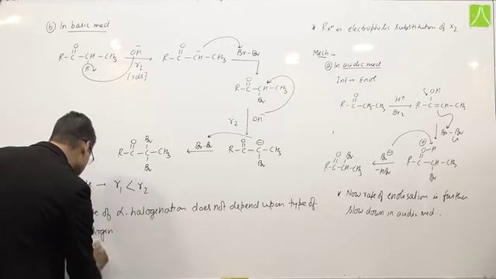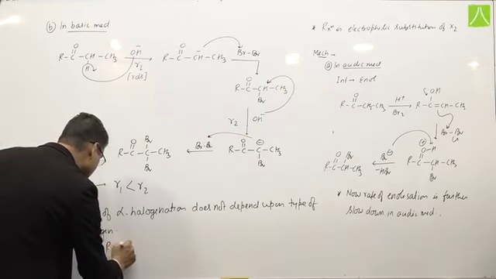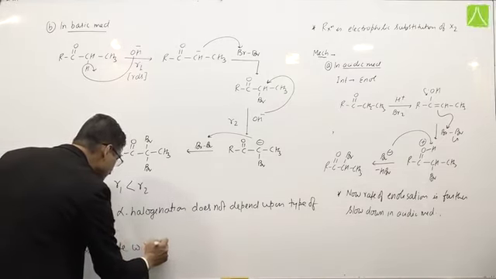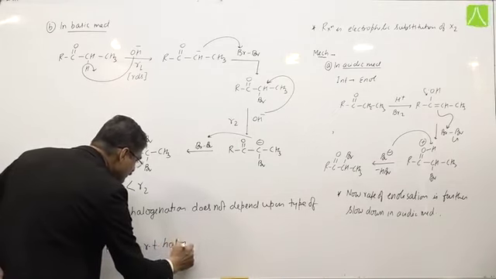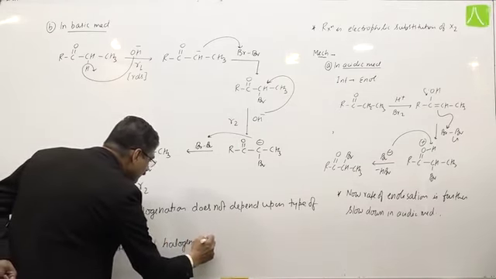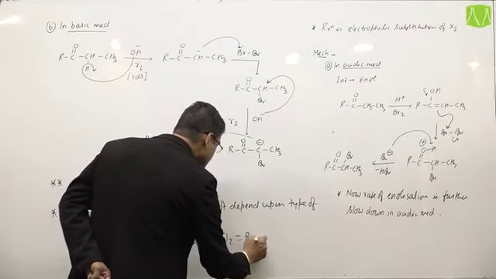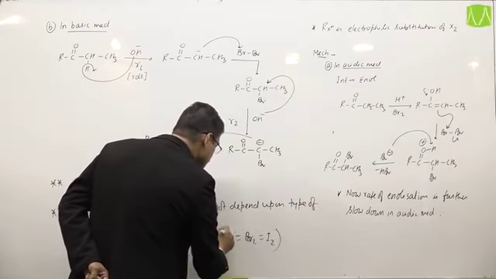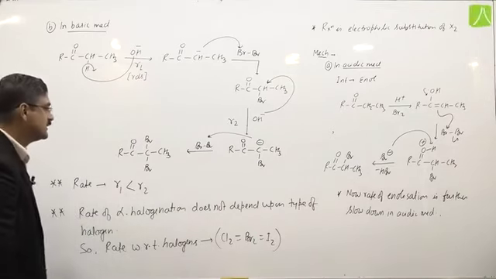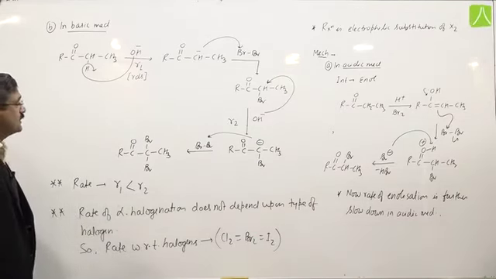So the rate with respect to halogens, Cl2, Br2, I2, is the same in basic medium.